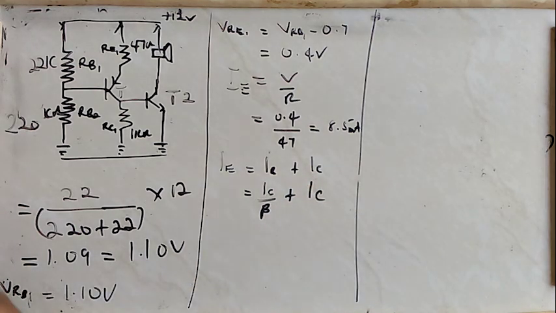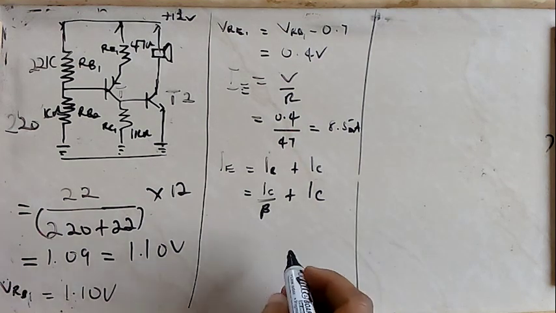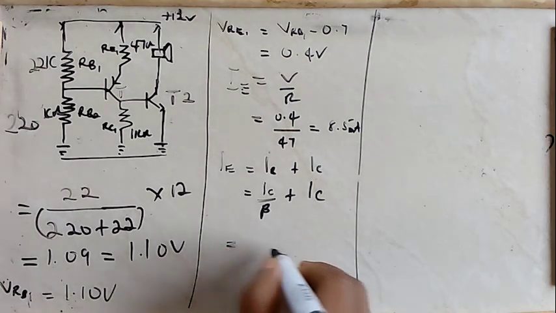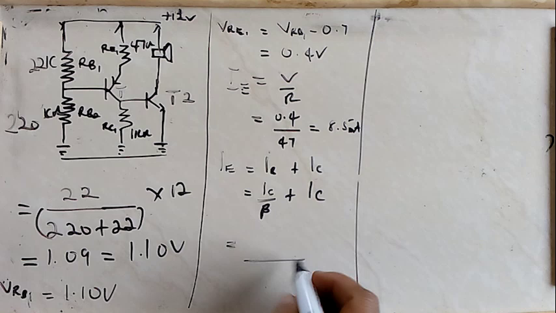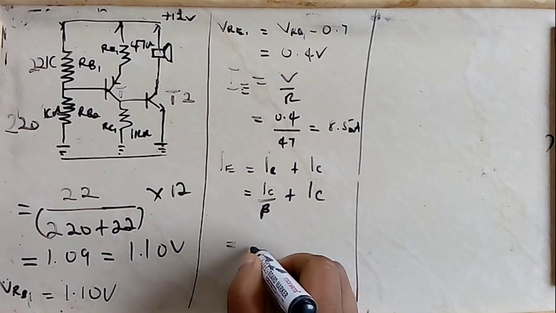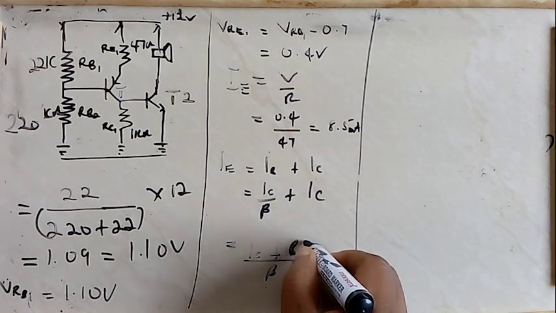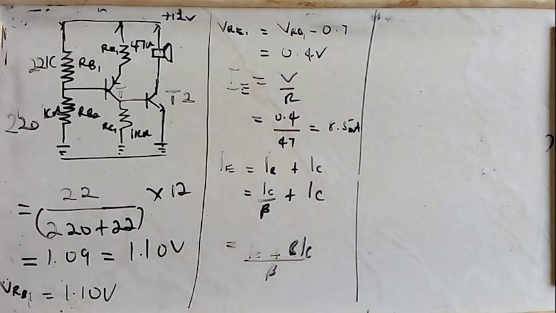If you solve the equation, what you arrive at is this. We have the denominator being beta. So we have collector current here, right? Plus collector current divided by beta.